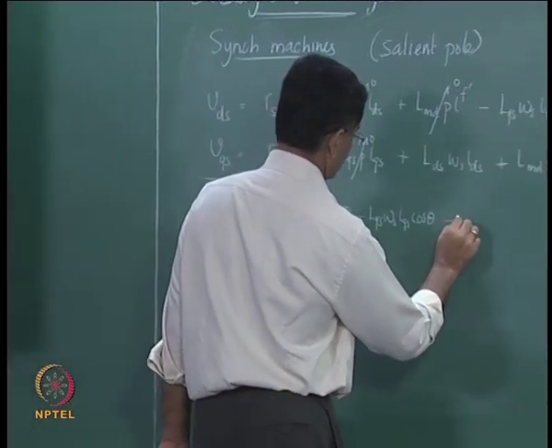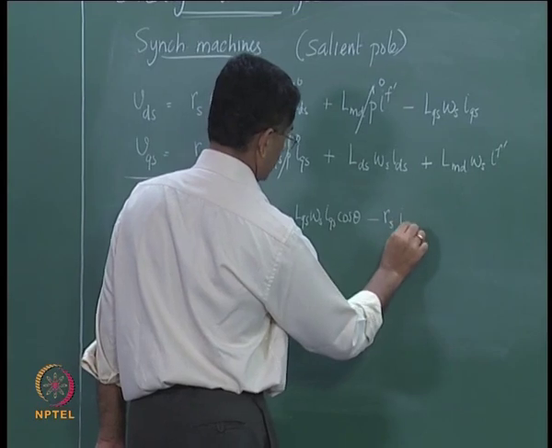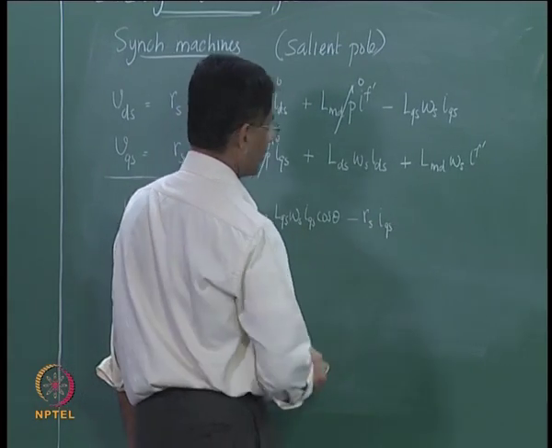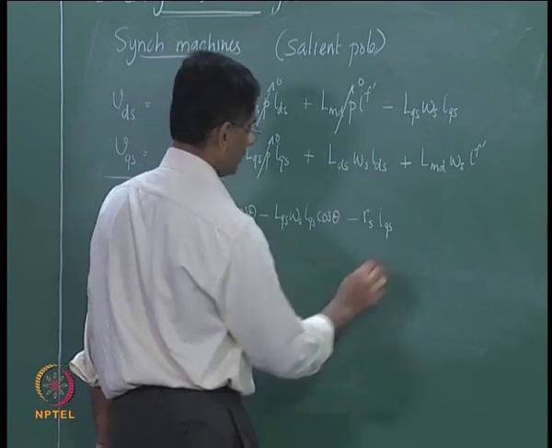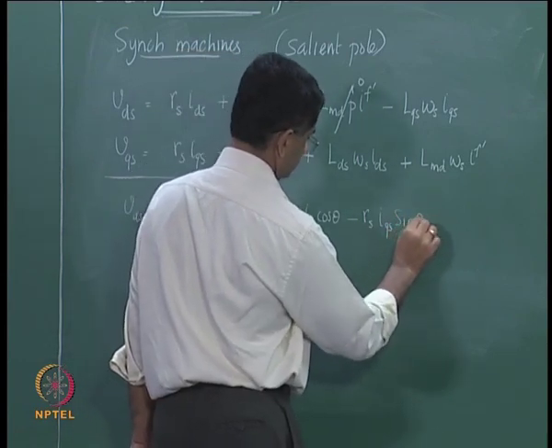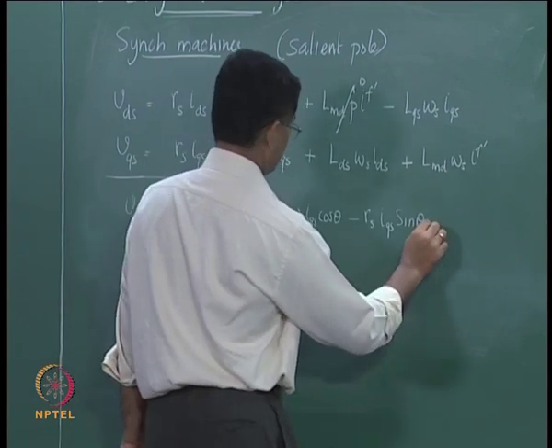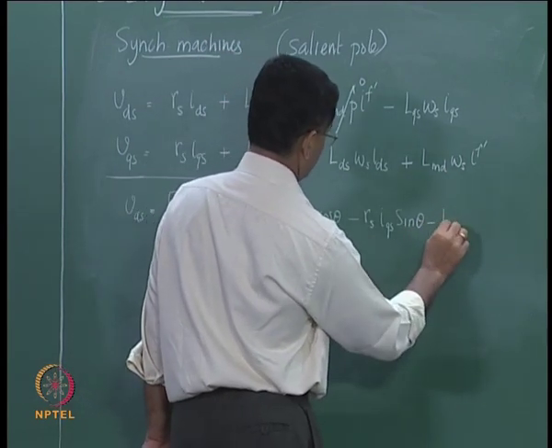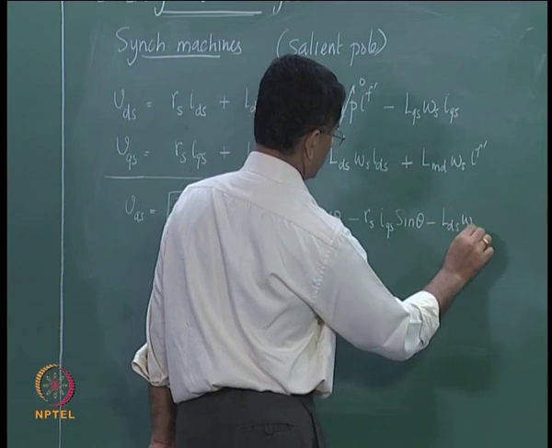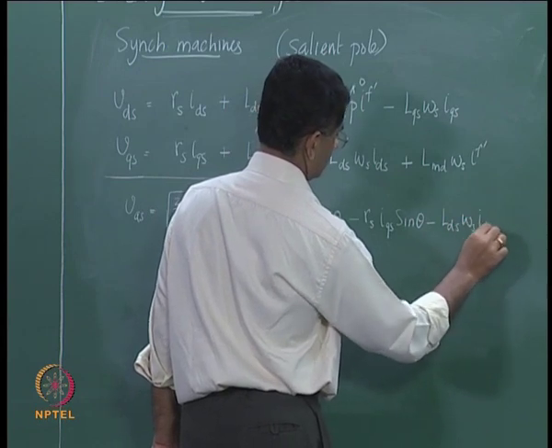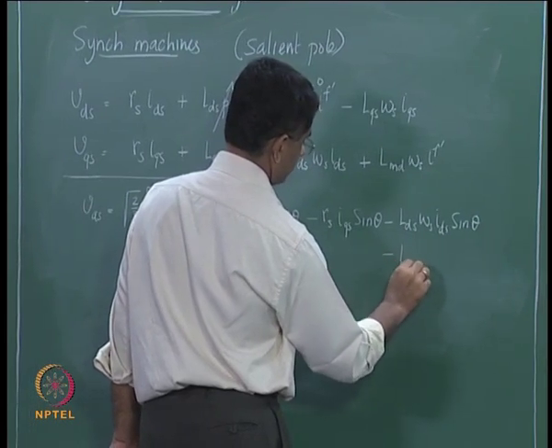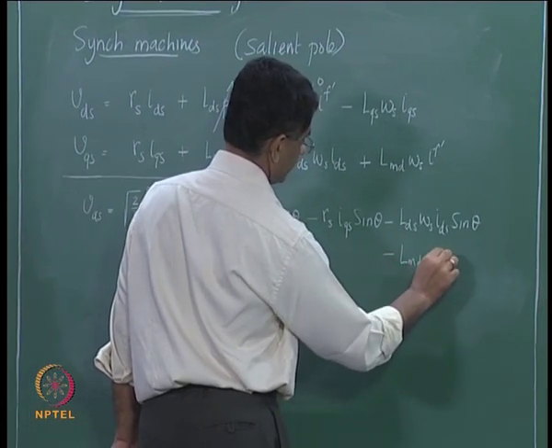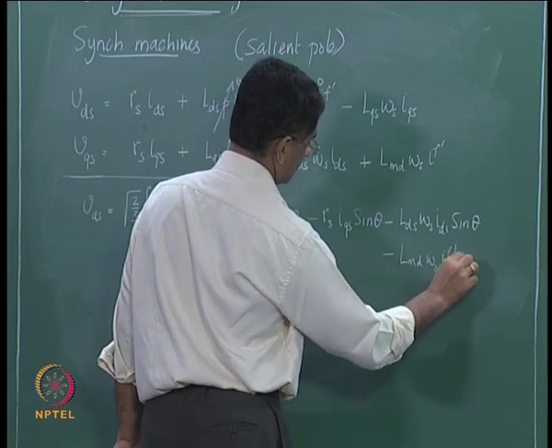So minus Rs Iqs sin theta, and then minus Lds omega s Ids sin theta minus Lmd omega s If dash sin theta.